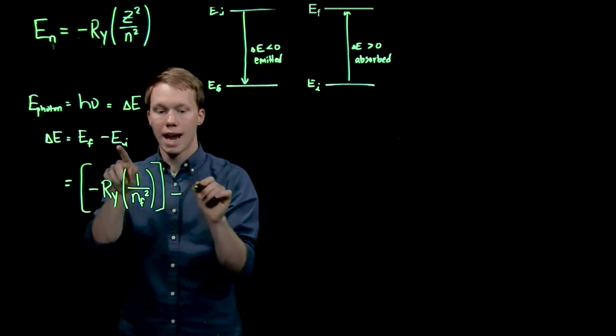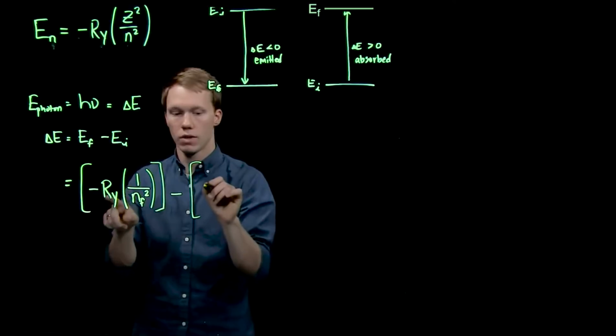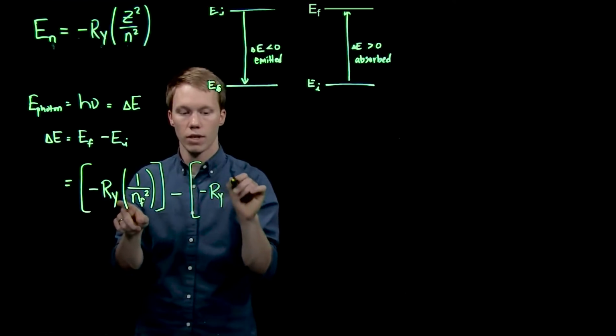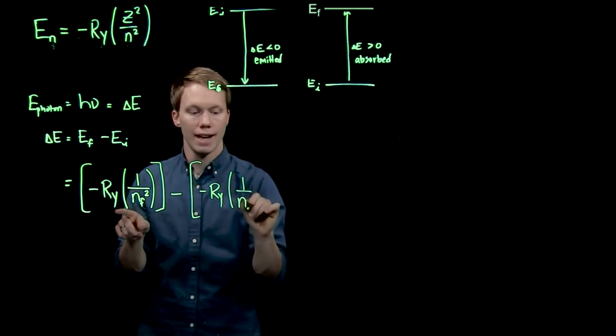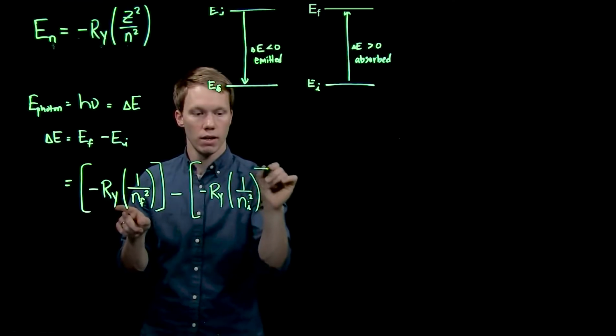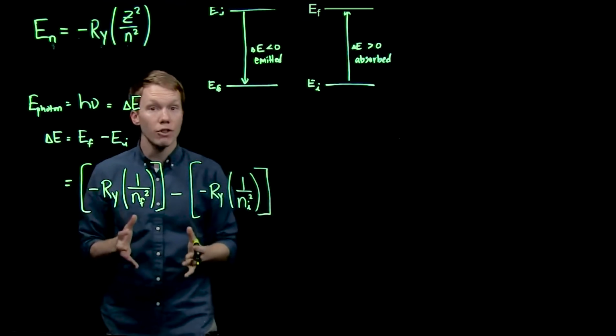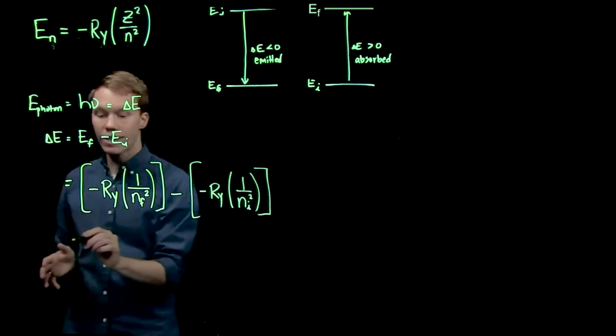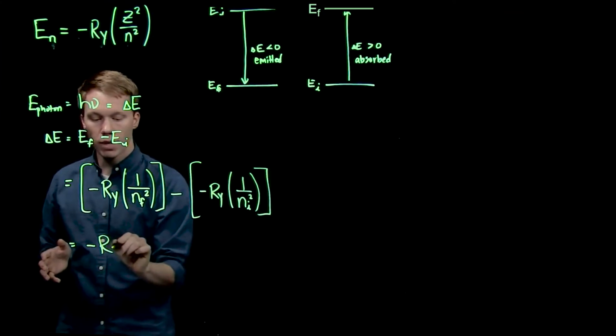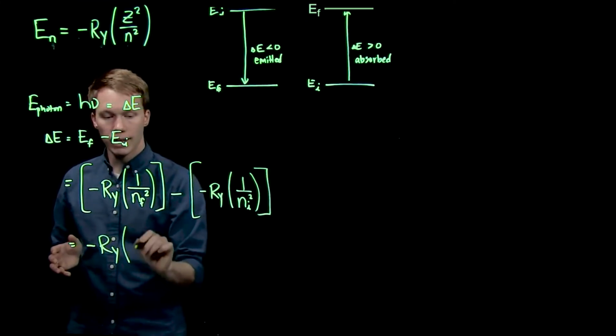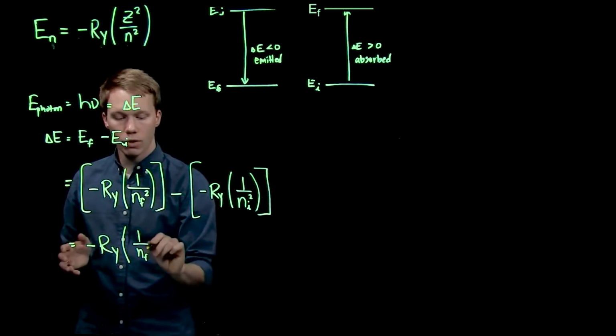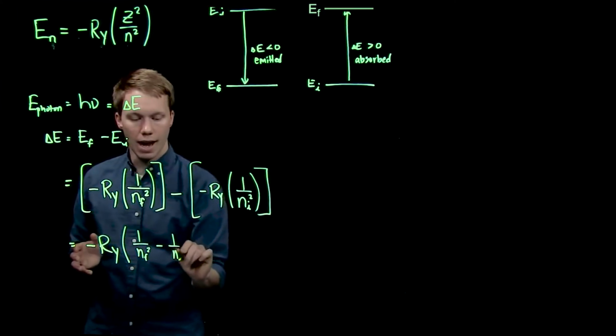And then we're going to subtract the initial energy, so we have negative Rydberg unit times 1 over ni squared. Then we can use some algebra to simplify this. I'm going to factor out a negative Rydberg unit, and then I'll be left with 1 over nf squared minus 1 over ni squared.